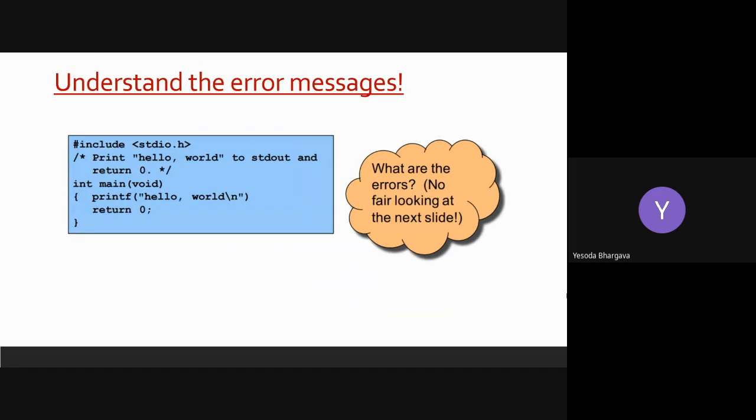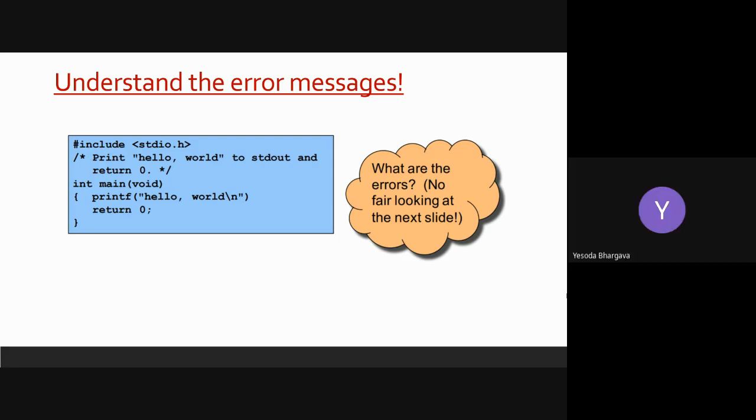What about this? Is the void in int main(void) required, or is it an error?